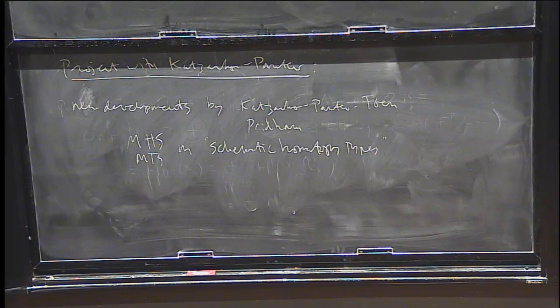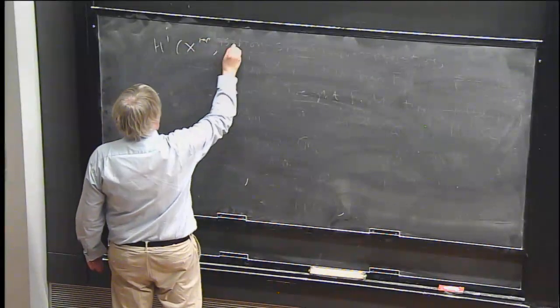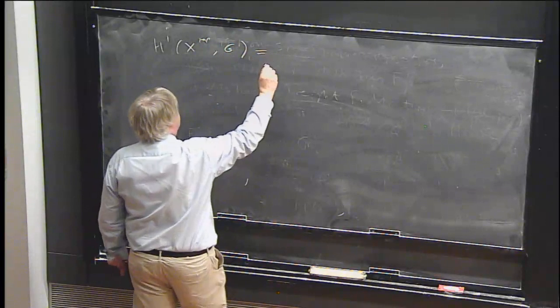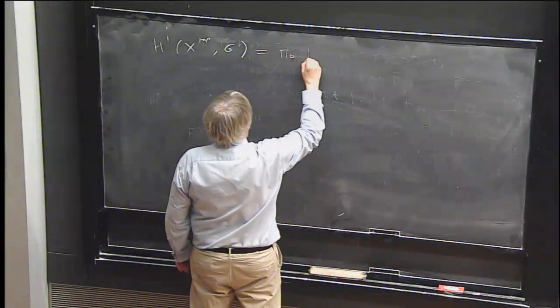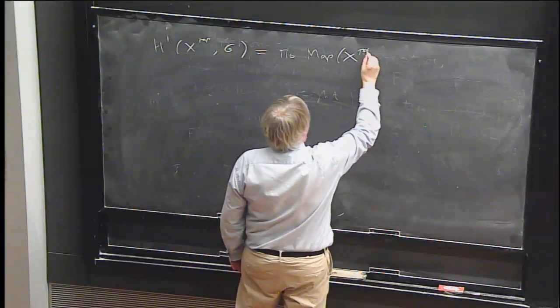So what was the idea of what we were trying to do with Ludmil and Stony? The idea was to say, okay, this H1 here, if we say H1 of X top, let's say, with coefficients in some group, this is really some kind of pi 0 of some kind of mapping space from X top into BG.